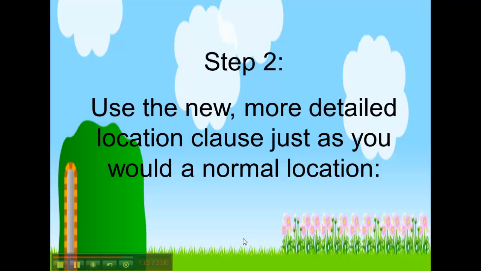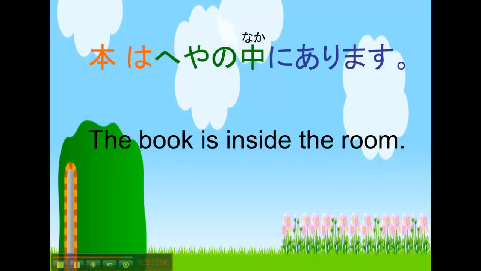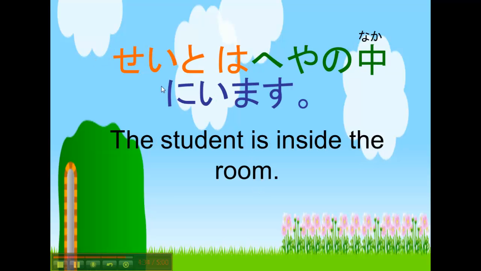Now we use the new, more detailed location clause exactly the same way as you would a normal location, followed by particle ni. So hon wa heya no naka, inside the room, ni, is at, arimasu. Hon wa heya no naka ni arimasu, the book is inside the room, or seito wa heya no naka ni imasu, the student is inside the room.